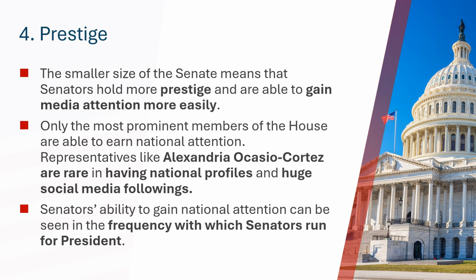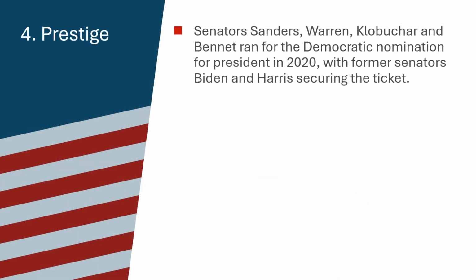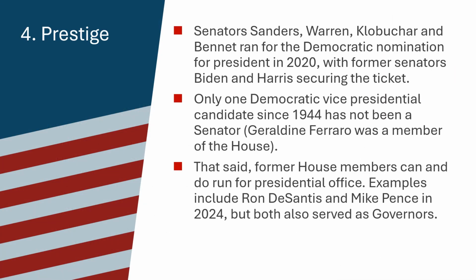Senators Sanders, Warren, Klobuchar, and Bennett ran for the Democratic nomination for president in 2020, with former Senators Biden and Harris securing the ticket. Only one Democratic vice presidential candidate since 1944 has not been a senator. Geraldine Ferraro was a member of the House.